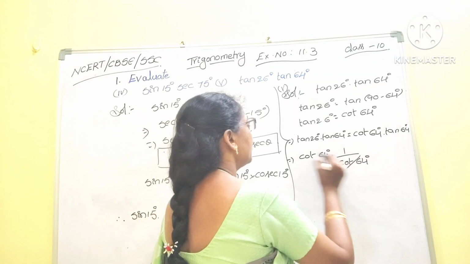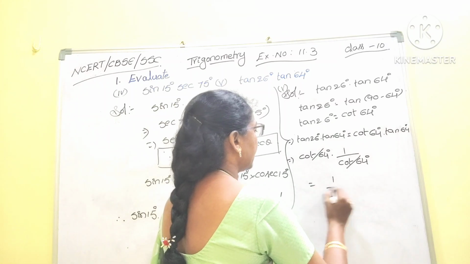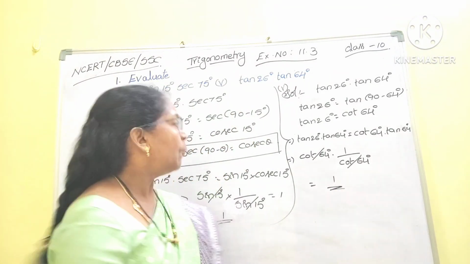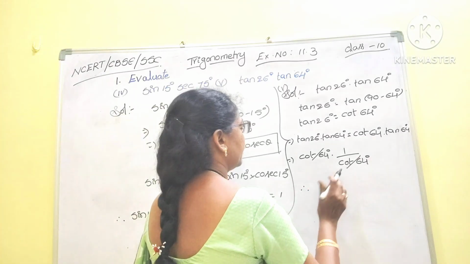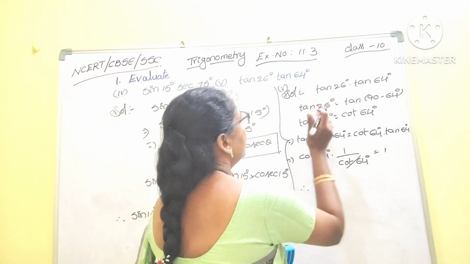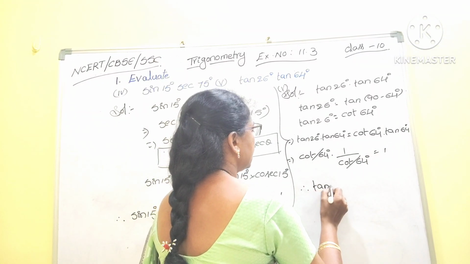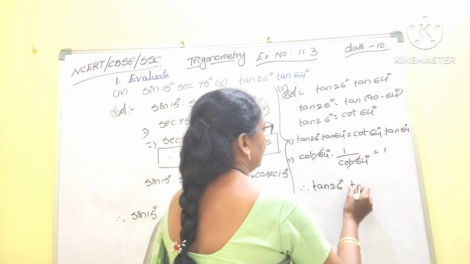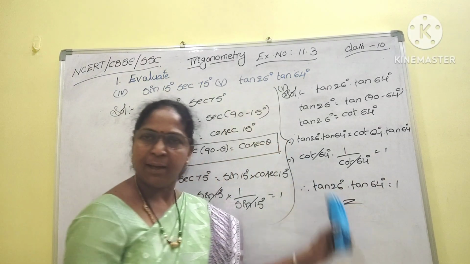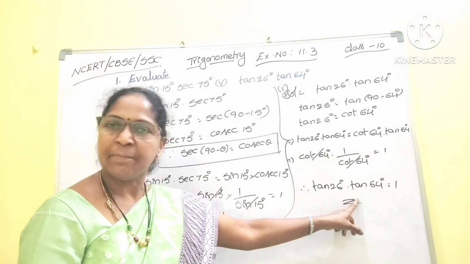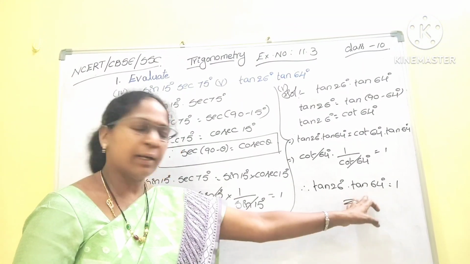Again, cot 64 degrees and cot 64 degrees you can cancel. The answer is 1. Therefore, tan 26 degrees into tan 64 degrees equals 1. That is the answer. This is the final step. You must write it like this.